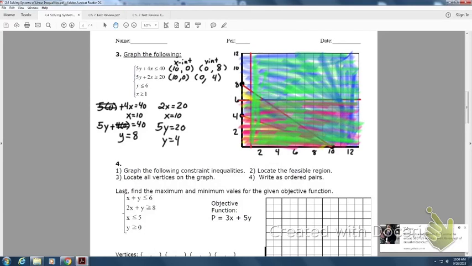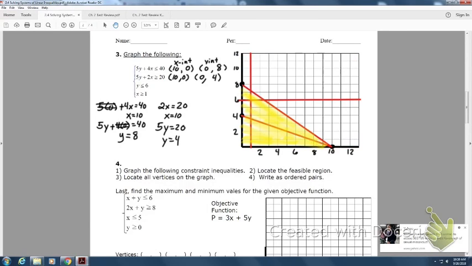Now I've got to find that feasible region that we talked about on the front. Okay? Does everyone see why I do not want you to graph it like this? Because where is the feasible region? Right in the middle. Yeah, okay. So how we're going to actually shade this is we're going to shade opposite the sign.